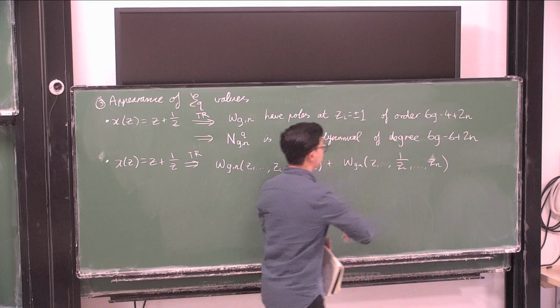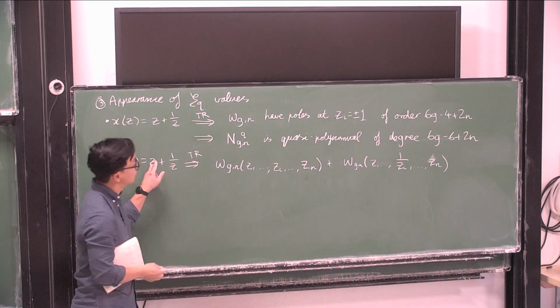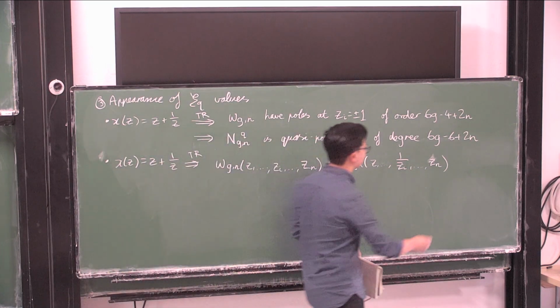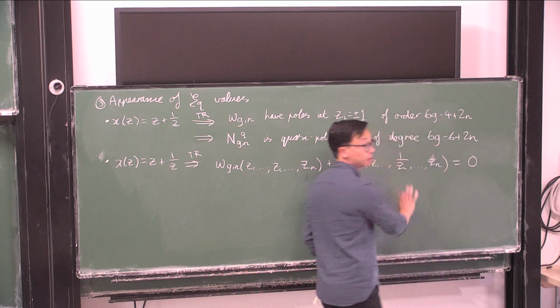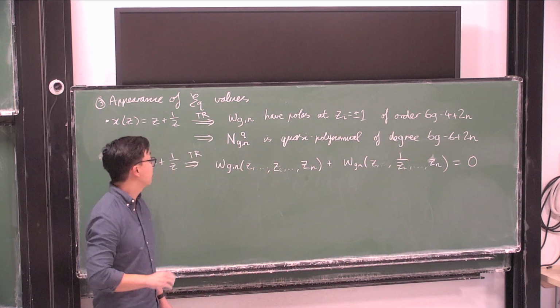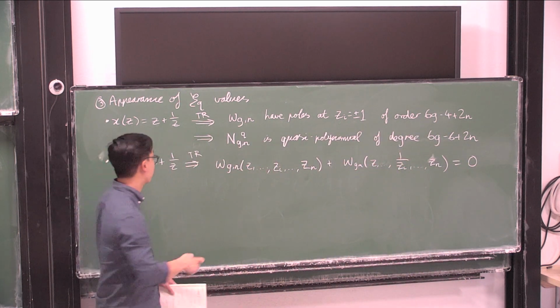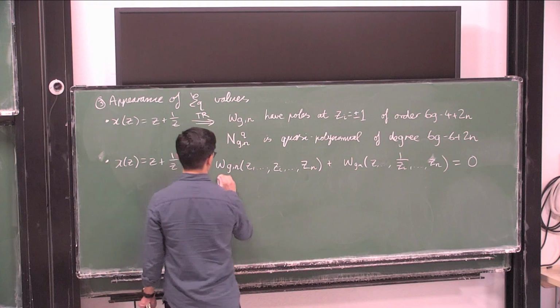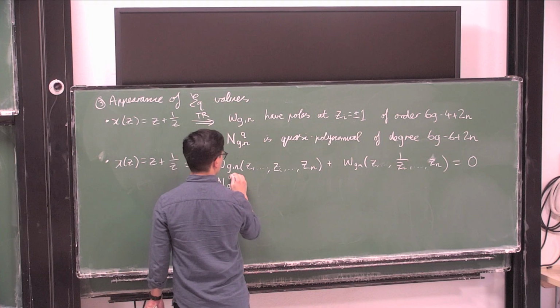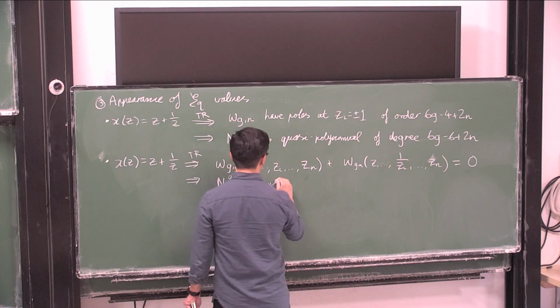Here there's an involution, z goes to 1 on z, and when I apply it, in this particular case, I'm always going to get 0. So they're just negatives of each other. There's an oddness going on. At the level of the coefficients, it turns into an evenness property. So this is actually a quasi-polynomial in the squares.